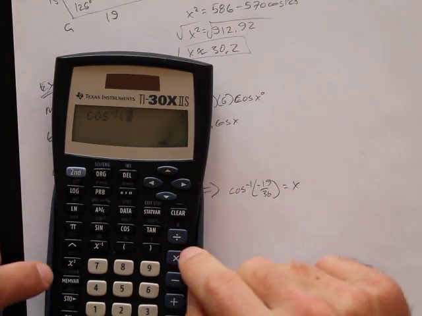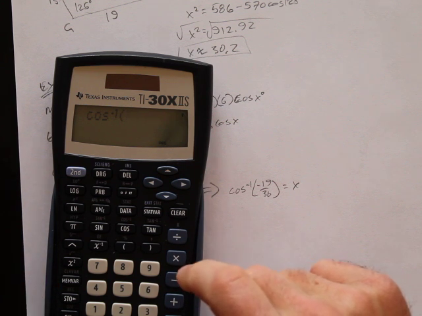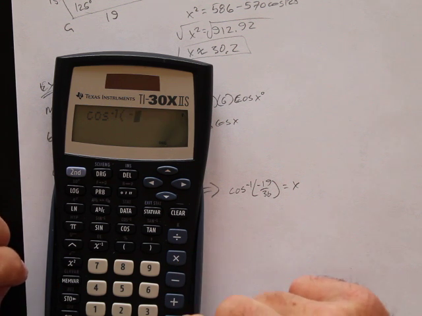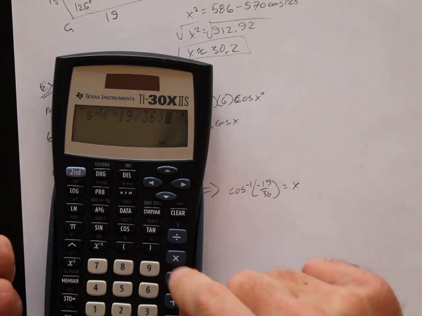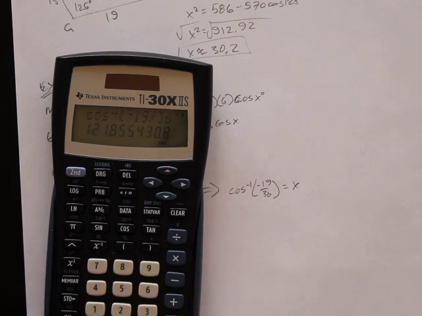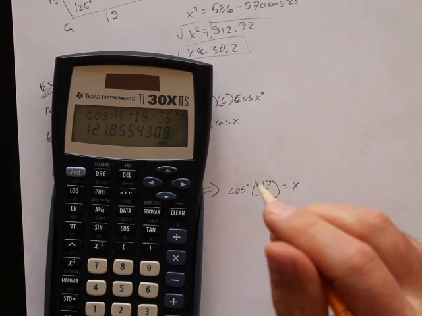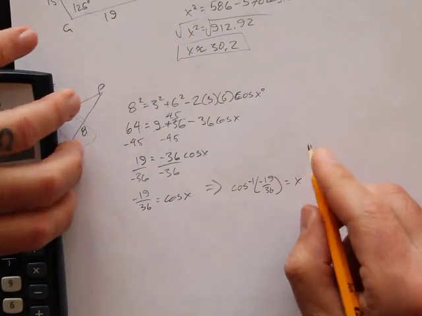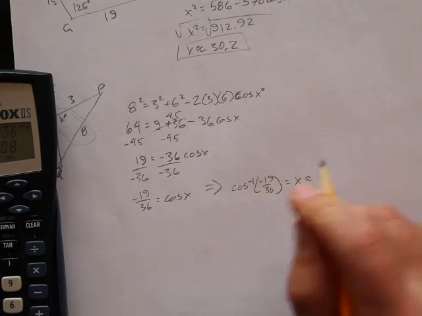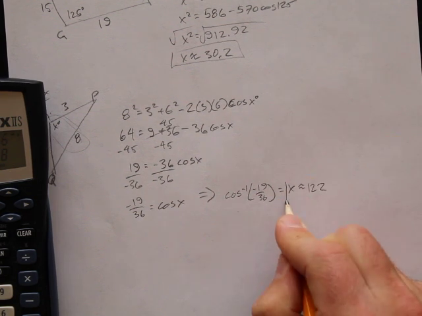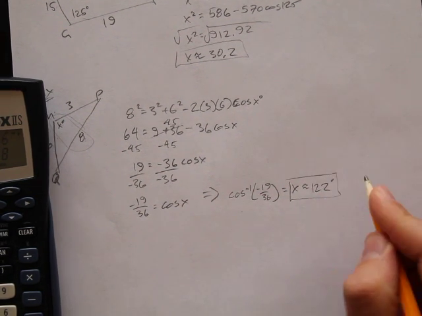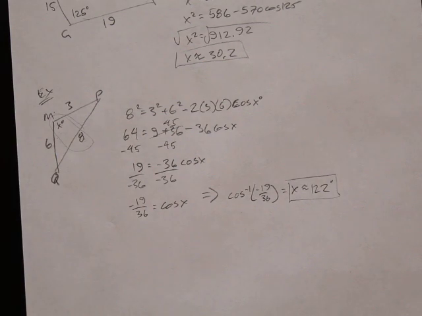Inverse cosine of negative, oh no, where's the negative sign? There it is. Negative 19 divided by 36 in parentheses equals 121.8. So we round that to approximately, since it's an angle measure, we're just going to round that to the nearest degree. So x is approximately 122 degrees.